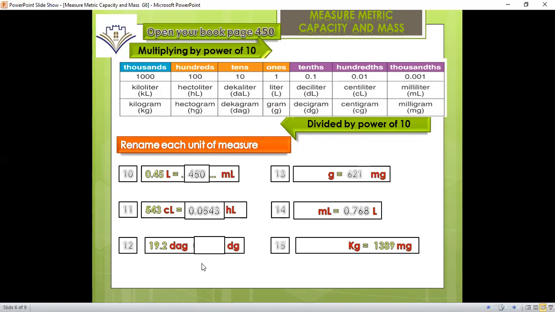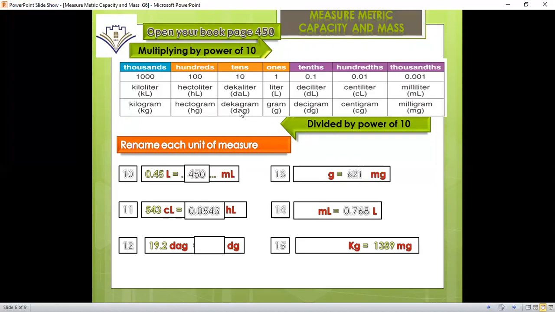Okay, question number 12. 19.2 dekagram equals dots decigram. Okay, where is this? Yes, good. We need to convert it from this unit to this unit.